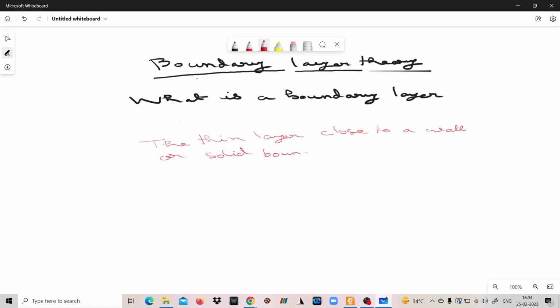A boundary layer of a flowing fluid is a thin layer which is close to a wall or maybe a solid boundary. So you can either call it a wall or a solid boundary.